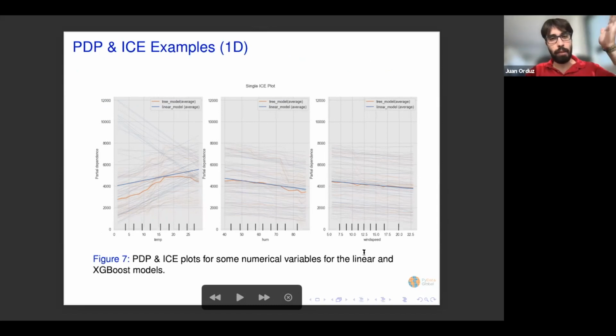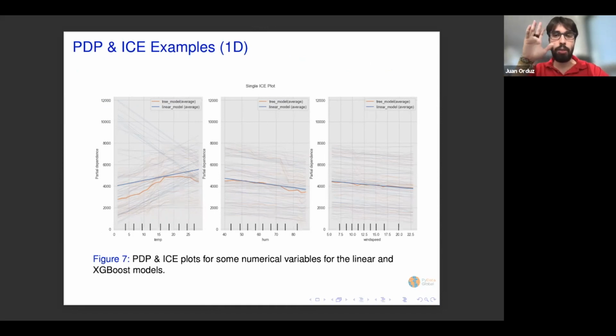The y-axis denotes the count, so we want to understand the effect. The blue line denotes the linear model, and the orange line is the tree-based model. One first thing that we see is that for humidity and wind speed, there's not much difference. They look pretty similar, but we see two different things in temperature.